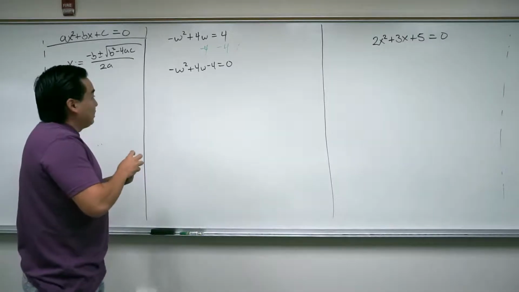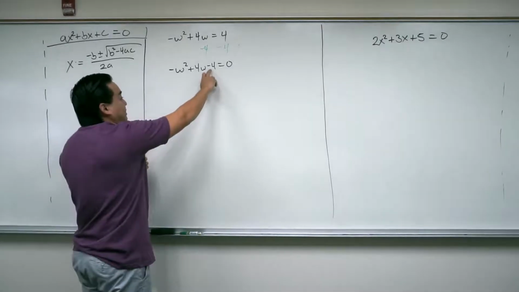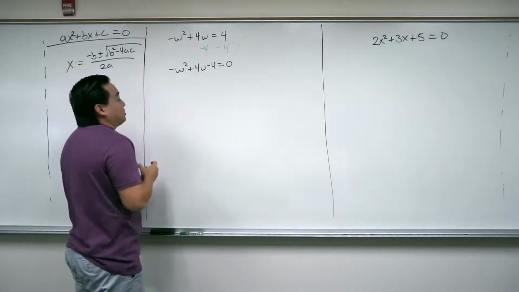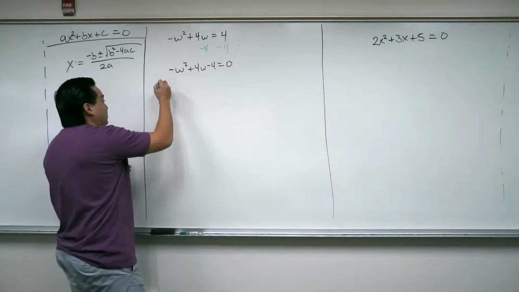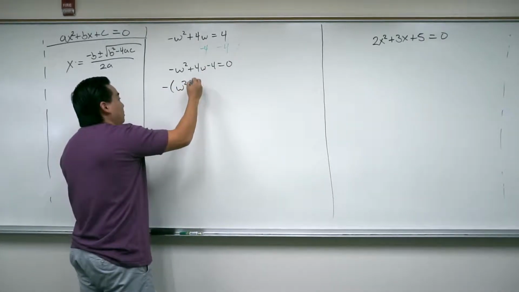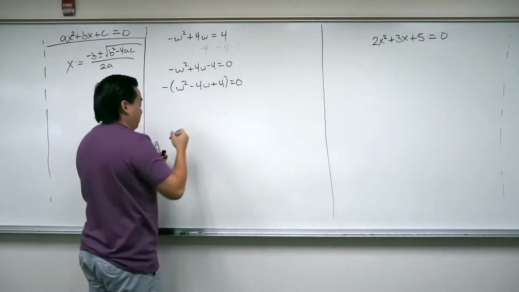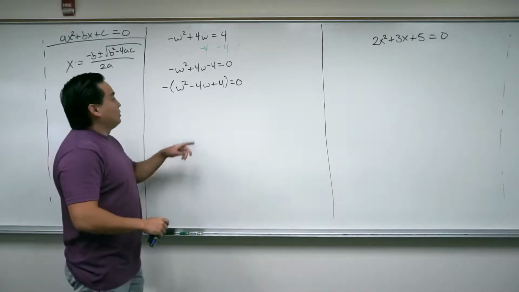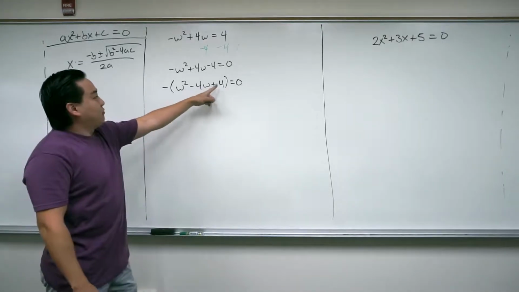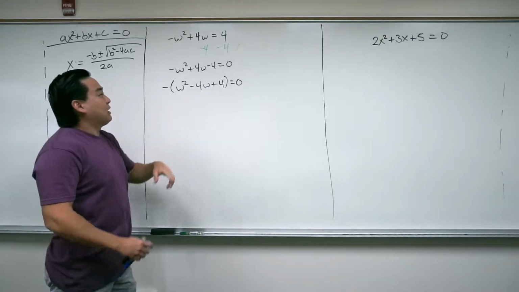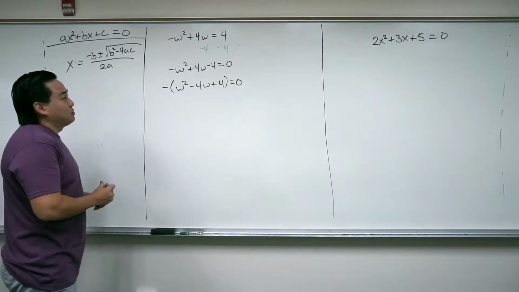So hopefully everyone can see here that the 4's, if you take out the minus, let's go ahead and do that. If I have the 4 over here, you have 4 and 1, and then 2 and 2.